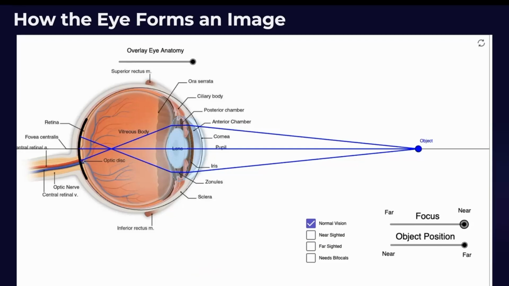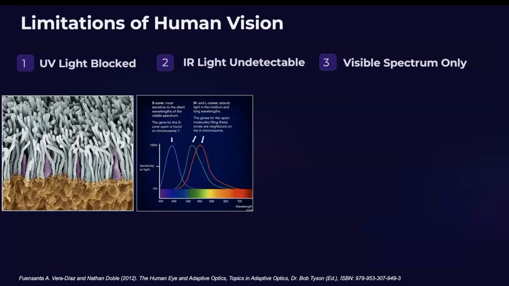Now, despite this magnificent architecture that we all possess, we have certain limitations. For example, we are only able to see and perceive within the visible region of the electromagnetic spectrum, say within the wavelength of 400 nanometers to 700 to 800 nanometers.